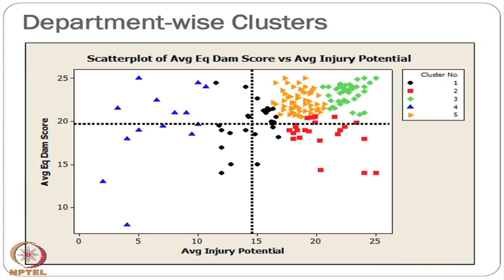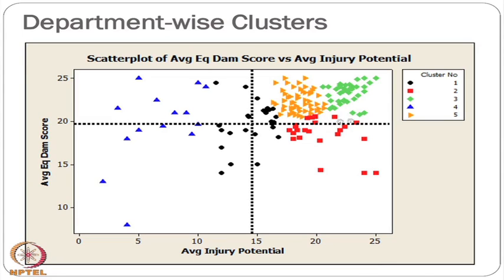From the safety performance point of view, yes, these are the departments which are absolutely different from these other departments. Similarly, these are the departments which are performing at 0 point, 0 is this one and this one. So, this is 15, that is average performance, the average level they are performing here.